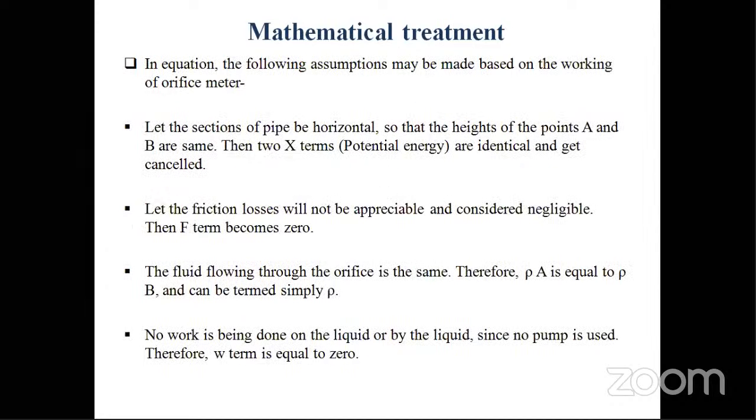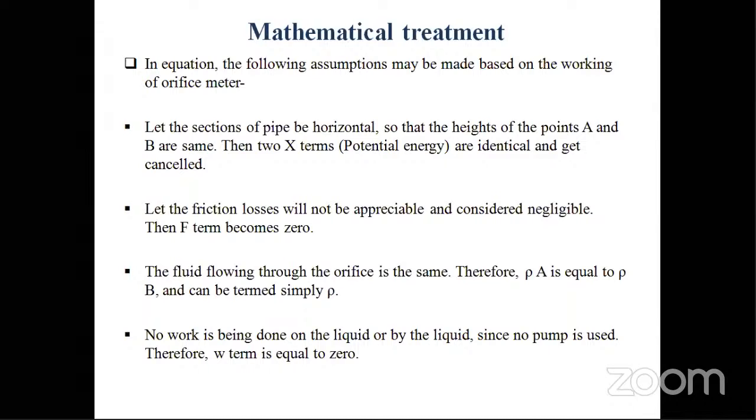Now come to the assumptions made in these equations. If we add or deal with some assumptions, some changes happen in the equations. The first assumption is that the section of the pipe is horizontal in shape, so the heights of point A and point B are the same.